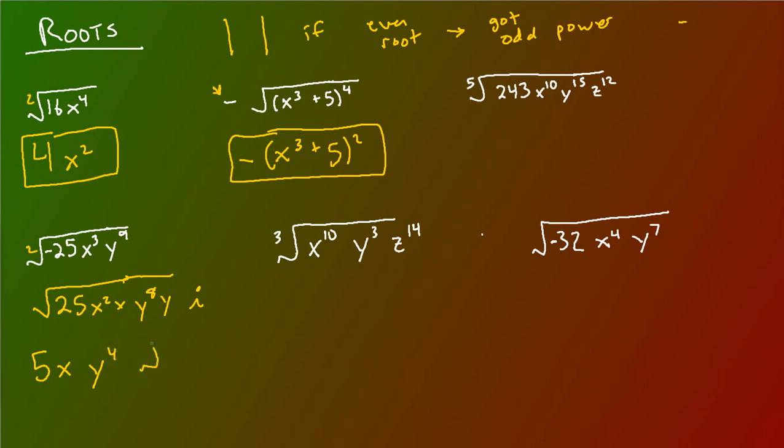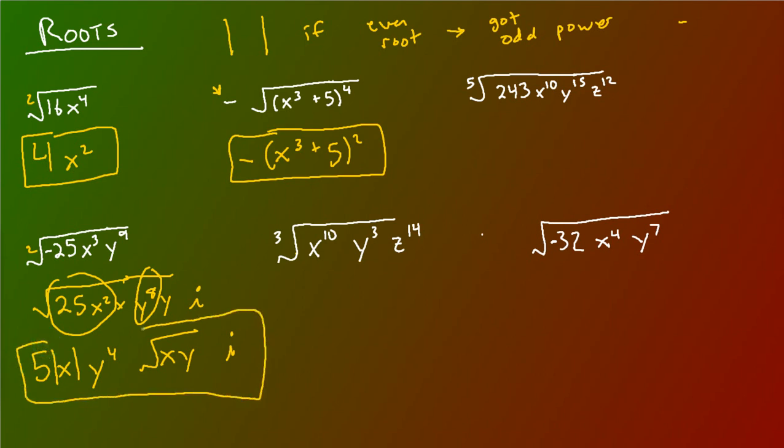And then left on the inside, so I did these, and I did this, that leaves me with xy, and then I have an i. I like putting the i last, just to make sure it's not left in that radical. Now, I do need an absolute value here, because I did a square root of an even power and got an odd power, so that one needs an absolute value around it.